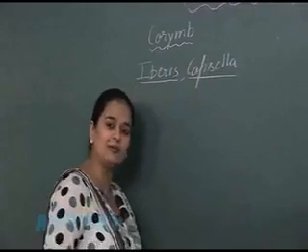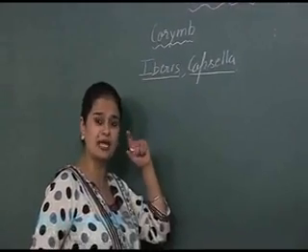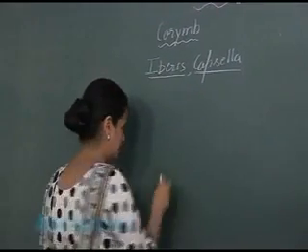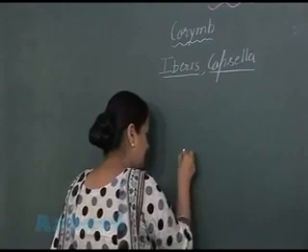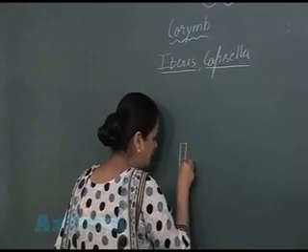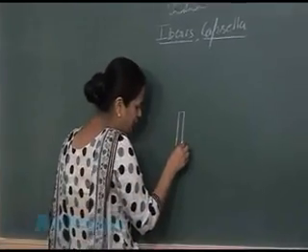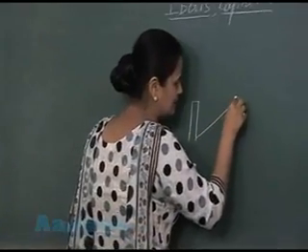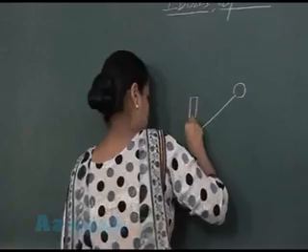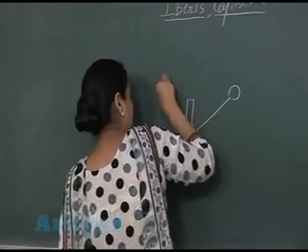Now in the corymb inflorescence, the inflorescence axis is short. Yes, so like this, the inflorescence axis is now shortened, and from the different points, the flowers will arise.